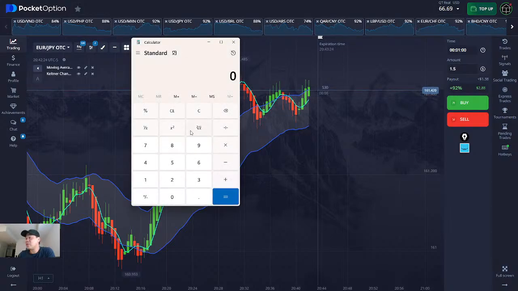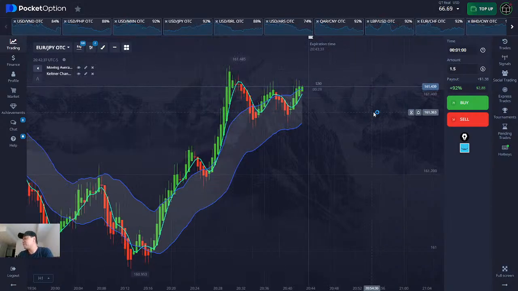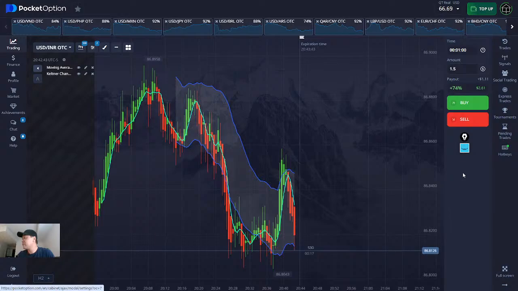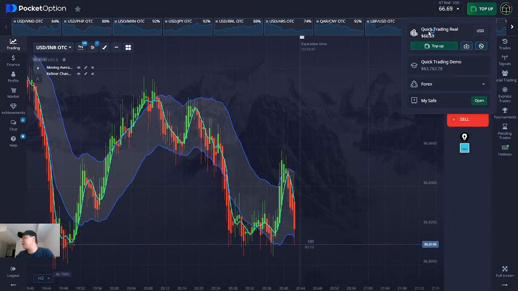So my goal for tonight, even though it's a small account, 65. If I can get it to, let's say, 8%, that would be 70. So yeah, let's look for another trade. I'll do some trades from my demo account.